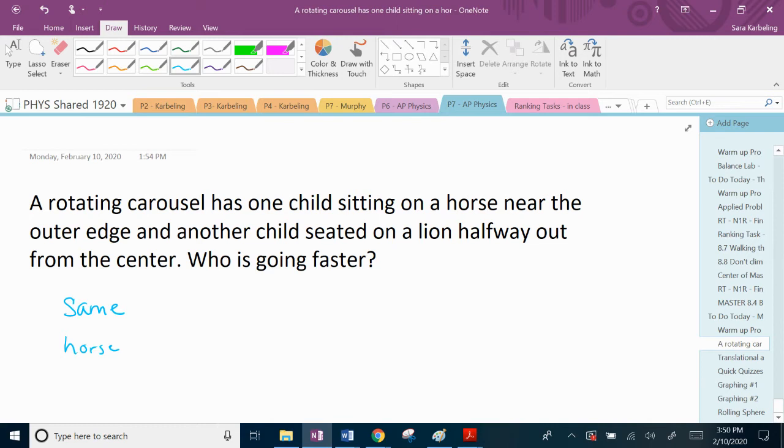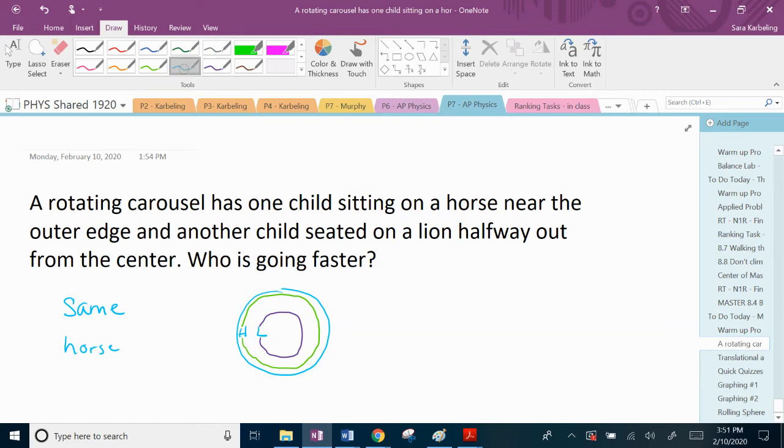Okay, you want to give me some reasoning? Physics needs to have the reasons. The horse is further out, so it goes farther, right? But they do a rotation in the same amount of time. Because the arc length is longer, but they do a rotation in the same amount of time, the speed has to be faster.